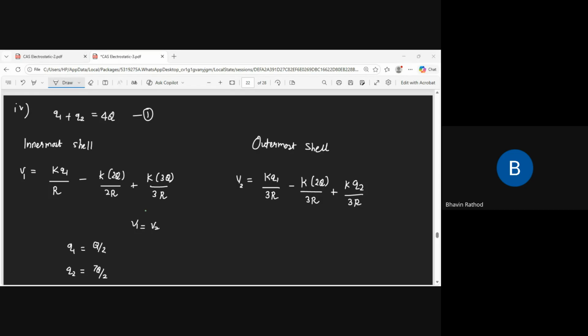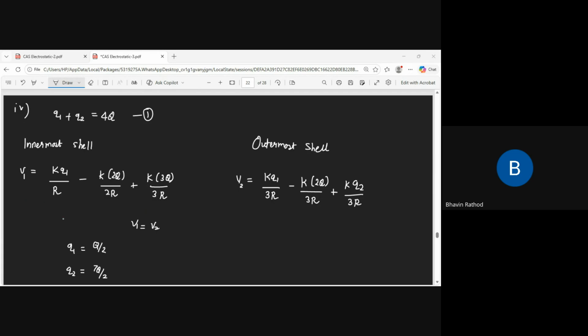But that will involve integration. The electric field between the first and the second shell is going to be different than the electric field between the second and the third shell. So your integration will have two terms. Three, right? From the third shell to infinity also we have to take.